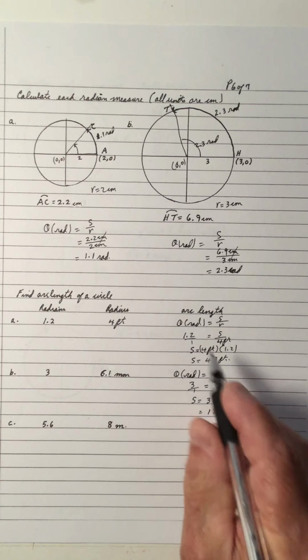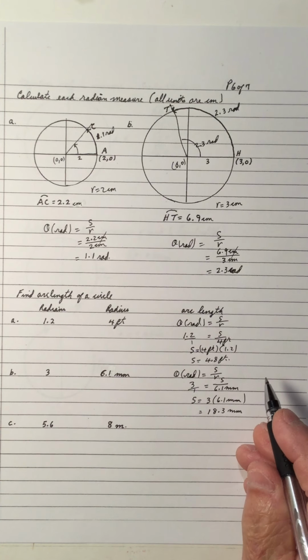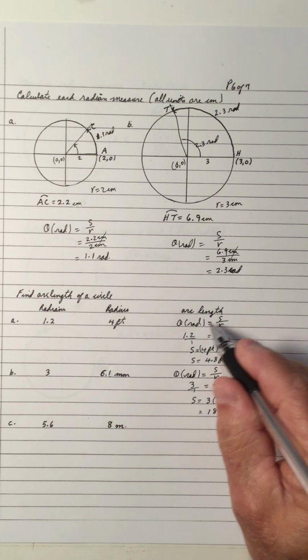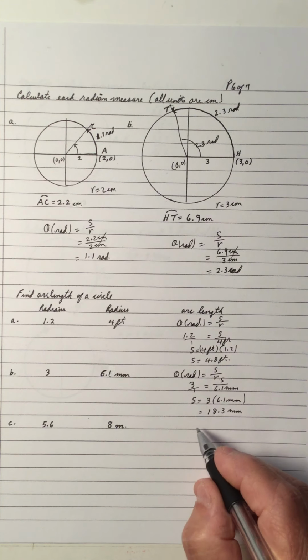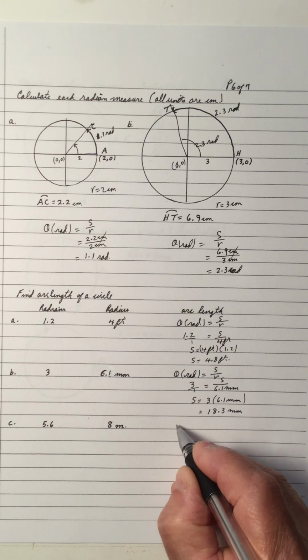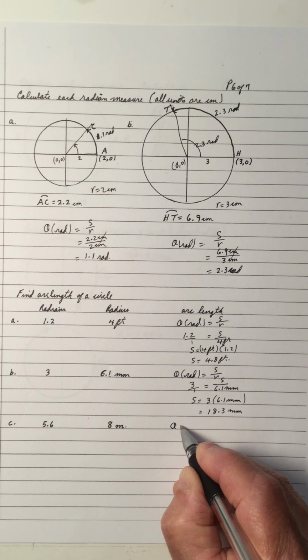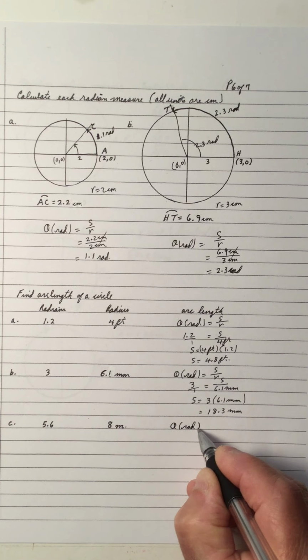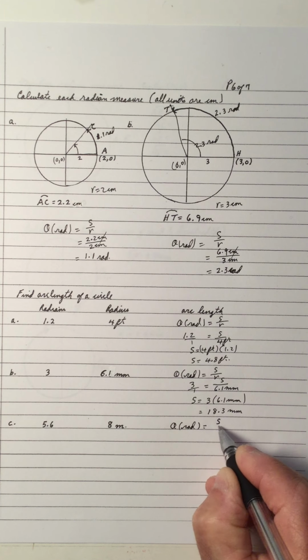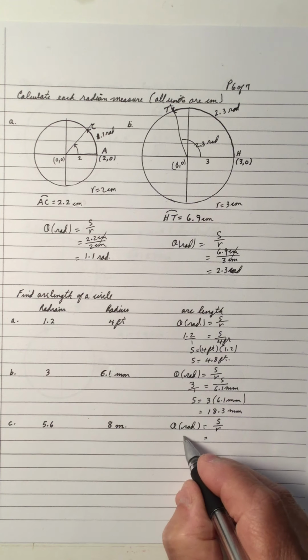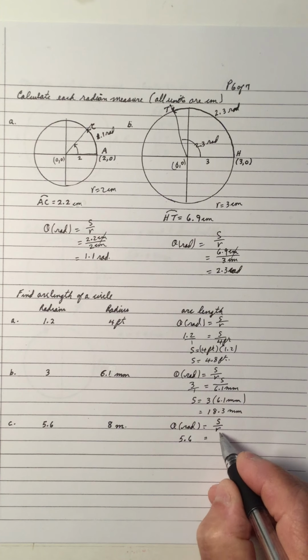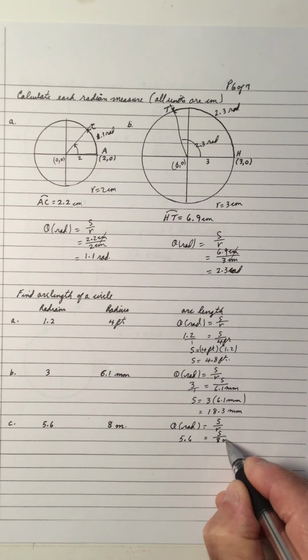So we're just switching the formula around, because in order to work this out, you need 2 of these to work out the third. And we need to find the arc length again. So the radian measure is the arc length S divided by the radius. The radian measure is 5.6, and the radius is 8 meters.